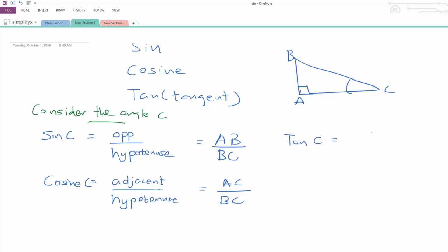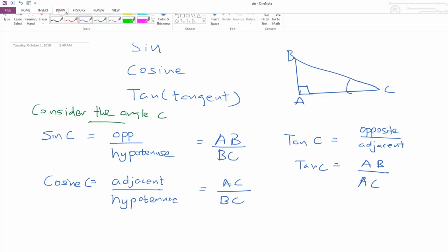Tan C equals, we define tangent of an angle in trigonometry as the opposite side divided by the adjacent side. So the opposite side to angle C is AB. The adjacent side is AC. So here we have defined the tangent of the angle C.